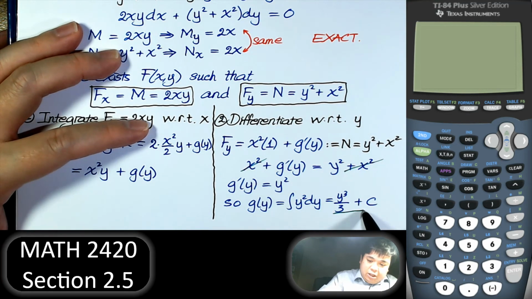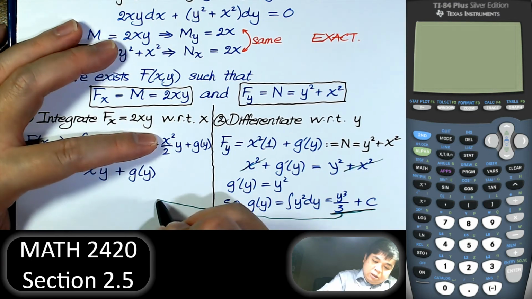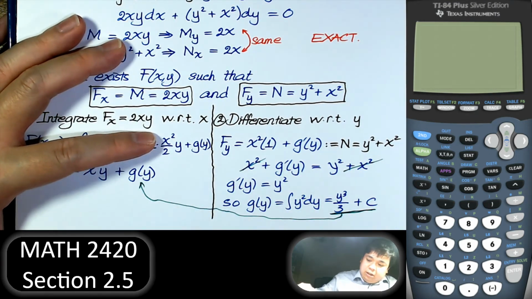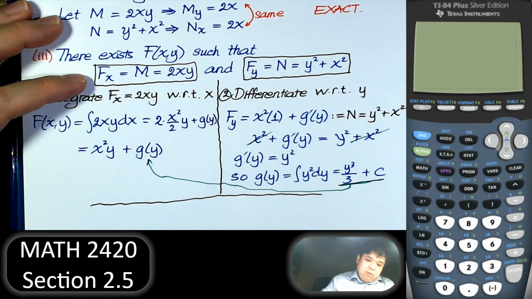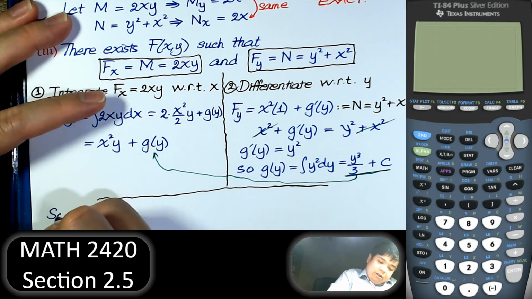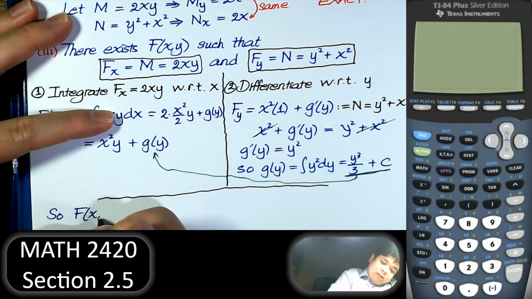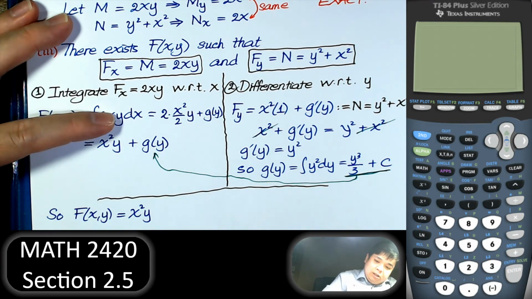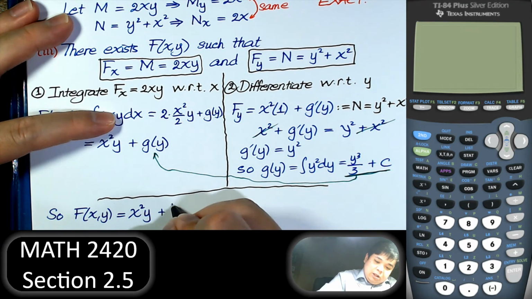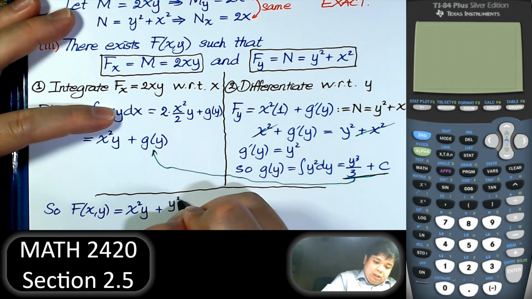So we substitute this into g of y. So we have f of x,y equal to x squared y plus y cubed over 3 plus c.